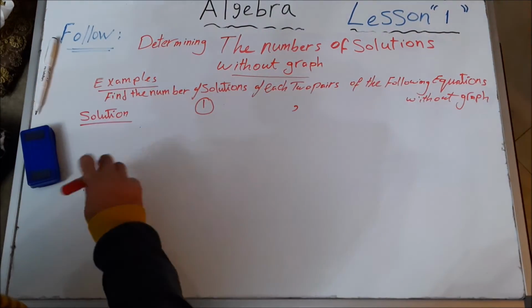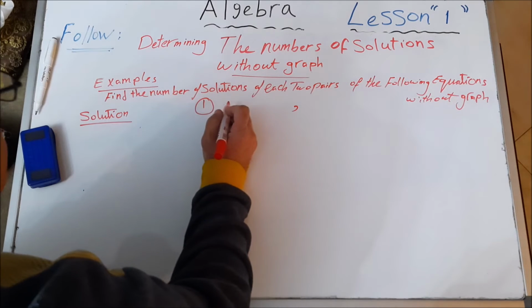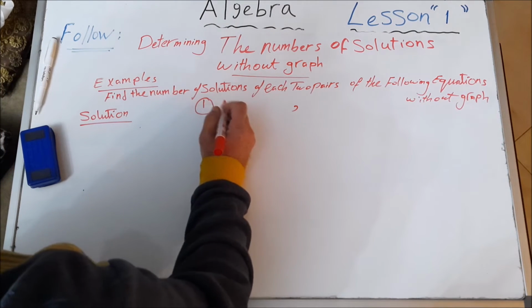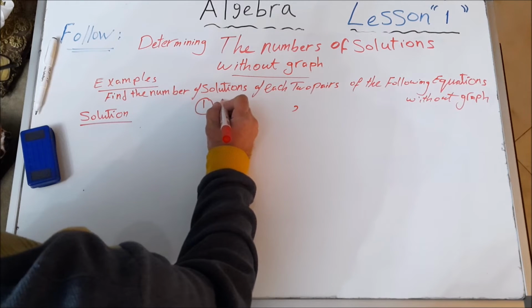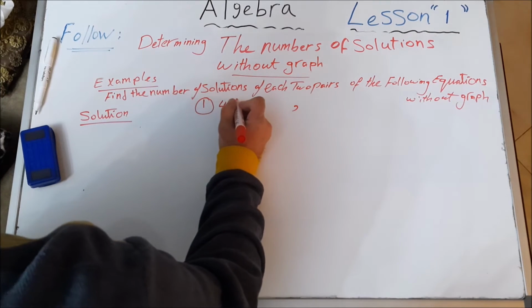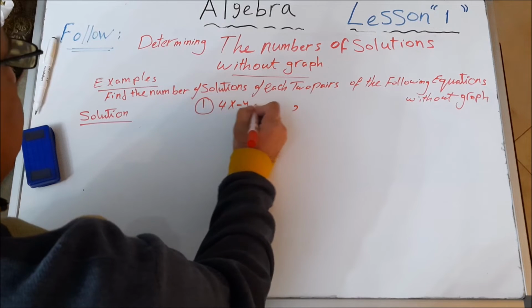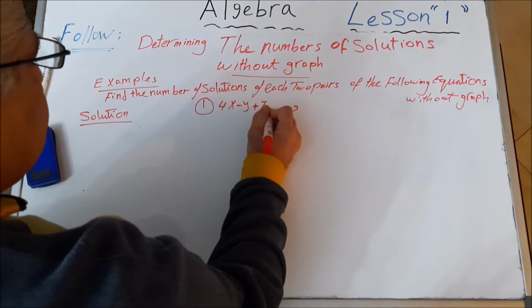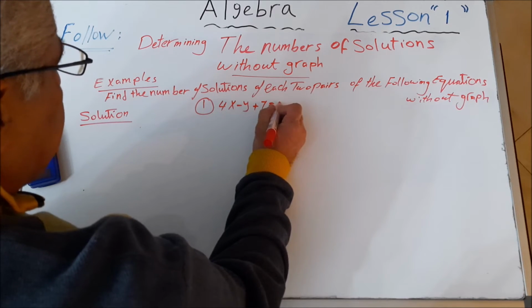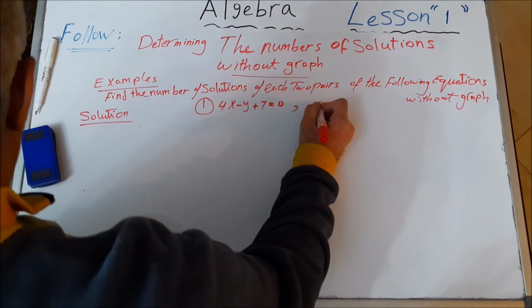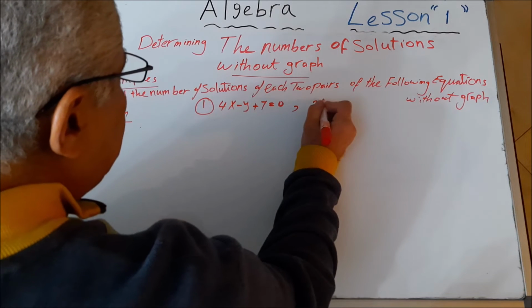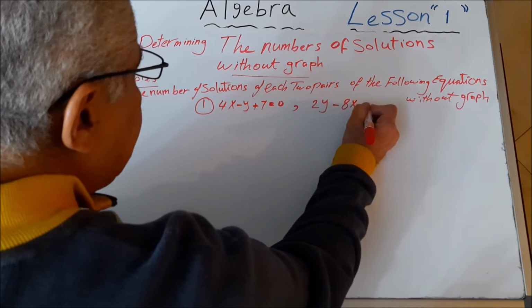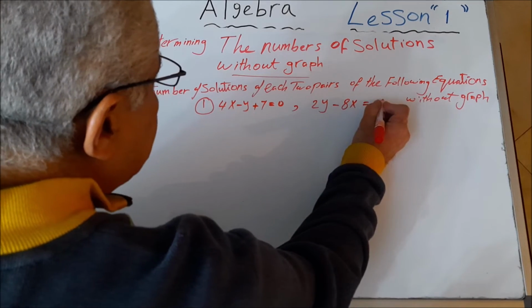Example number 2. Find the number of solutions of each two pairs of following equations without graph. Equation number 1 is 4x minus y plus 7 equals 0. Equation number 2 is 2y minus 8x equal 14.